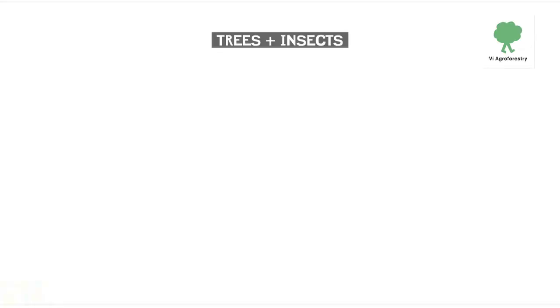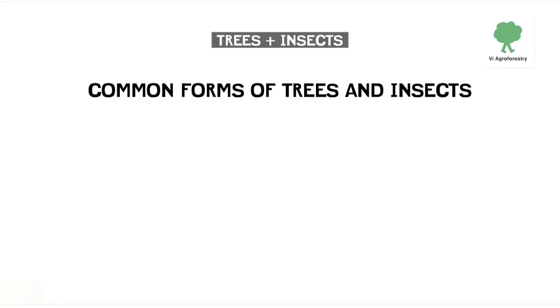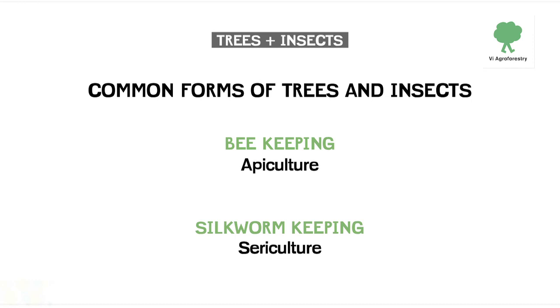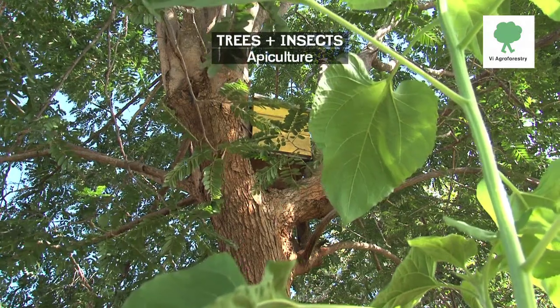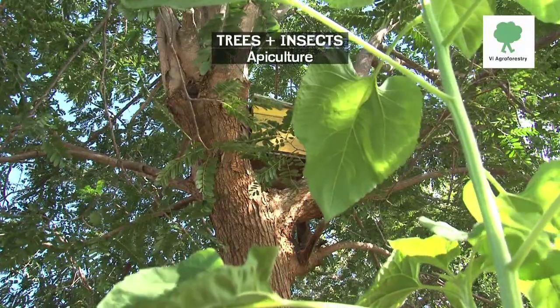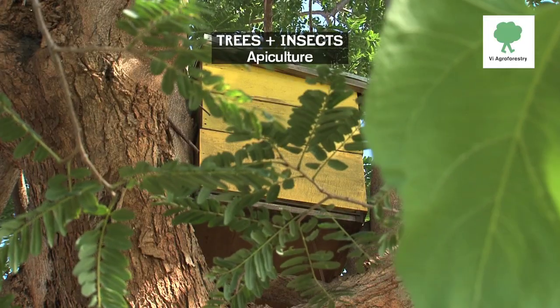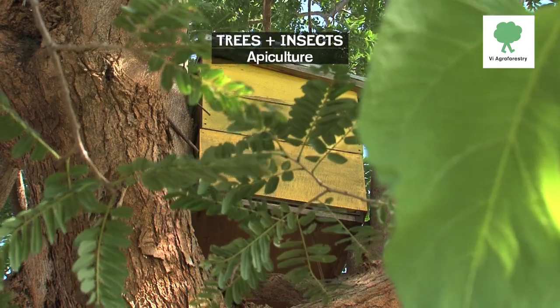Trees and insects. Two common forms of trees and insects are beekeeping, also called apiculture, and silkworm keeping, also called sericulture. Apiculture is the rearing of bees for honey products, using trees for shade and bee forage.